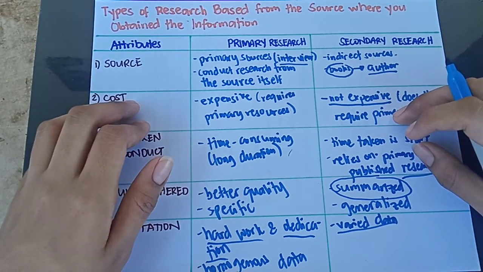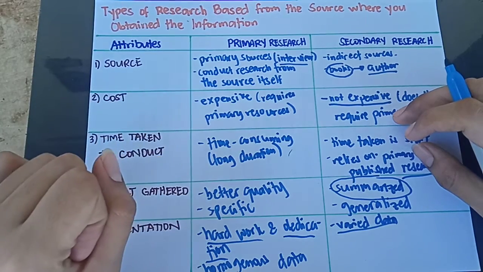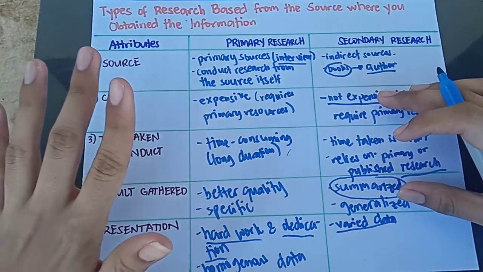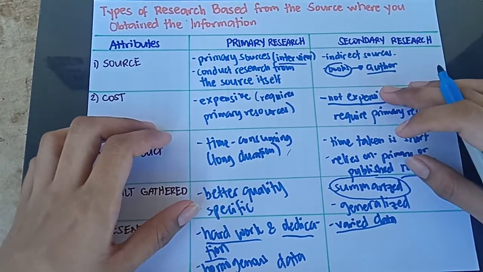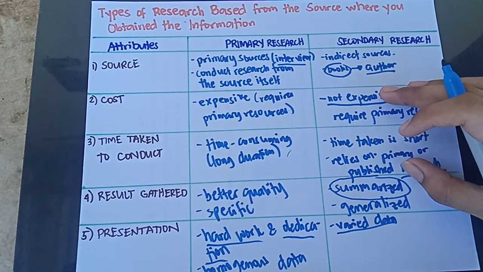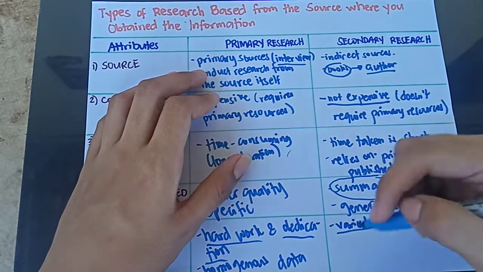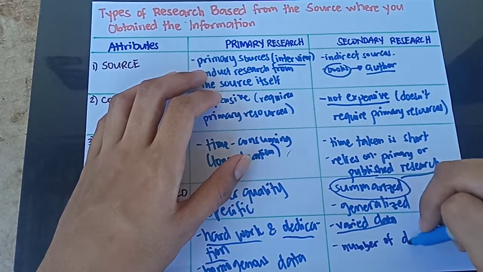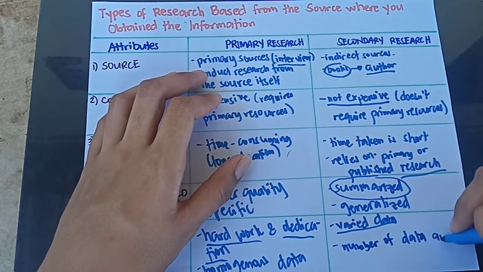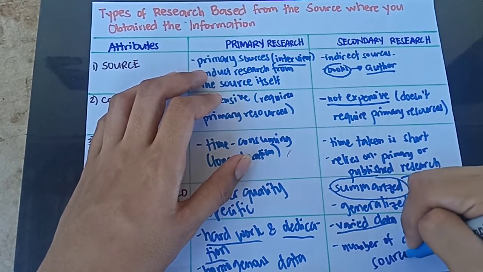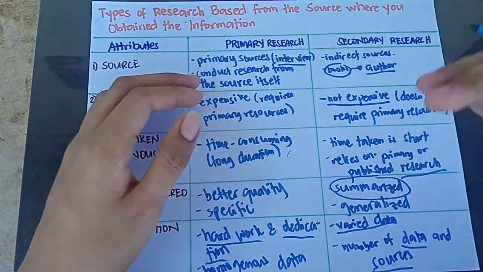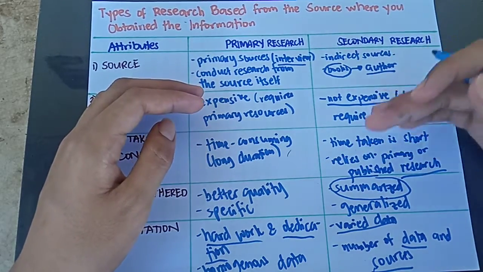So normally, secondary research presents varied data with a number of data and sources. The data and sources do not stand alone on themselves. It must have other supporting data, other supporting sources.